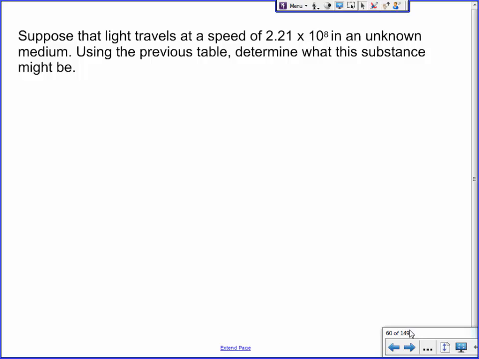It was traveling at a speed of light in an unknown medium, but we do know another speed of light in another medium. Air, yeah. So even though I don't know what the unknown medium is, let's say that we have the n of the unknown guy, we know the velocity of the unknown guy is 2.21 times 10 to the 8. I do know the n for air.